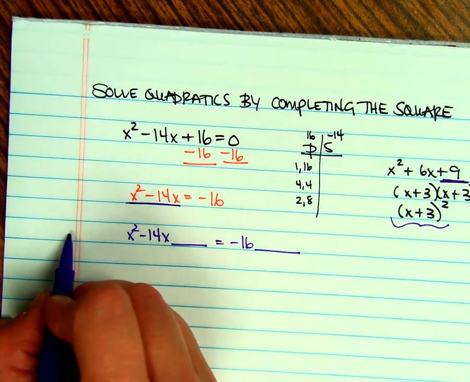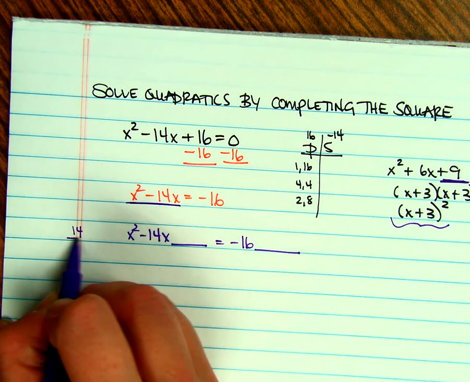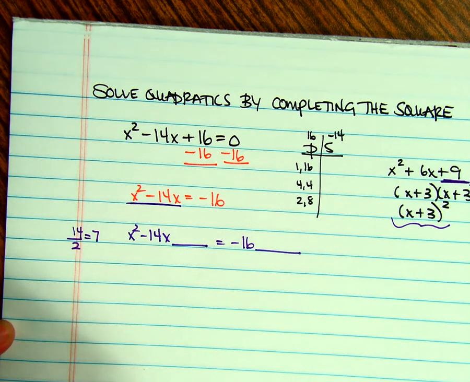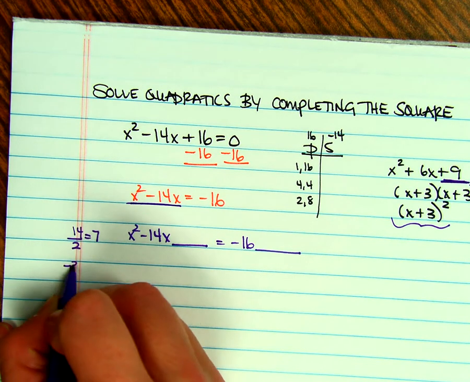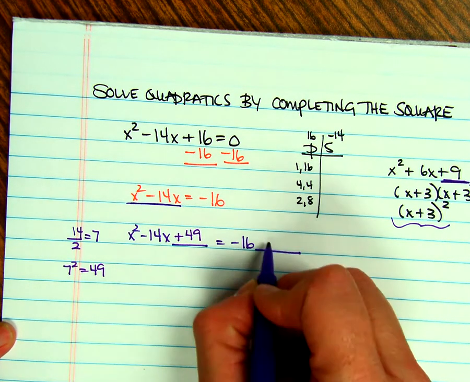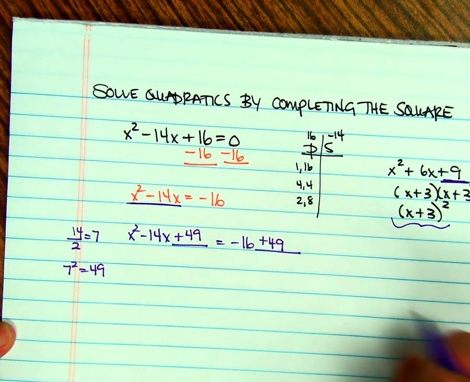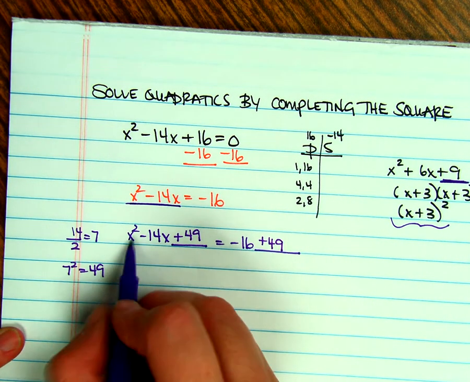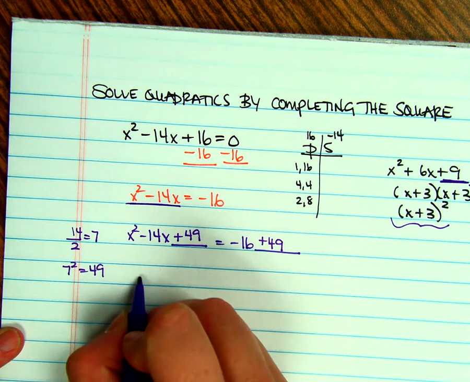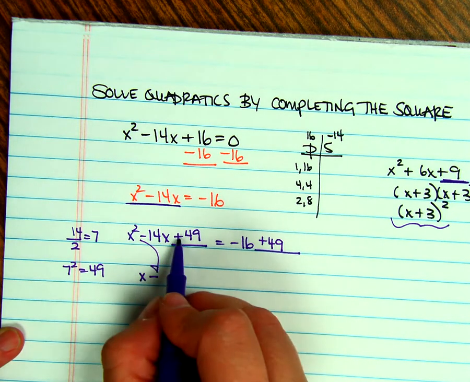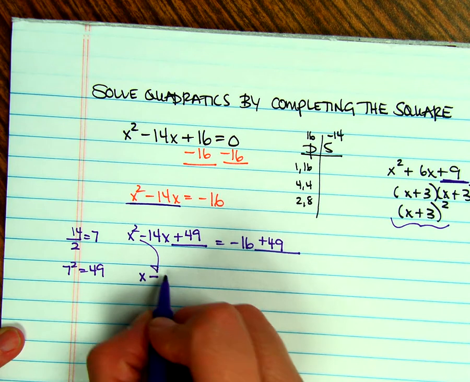We take our 14 and divide it by 2, which gives me a 7, and we square that. 7 squared equals 49. So I am going to add 49 to both sides. Remember, when we have a perfect trinomial square, whatever sign this is goes in there. The square root of 49 is 7.